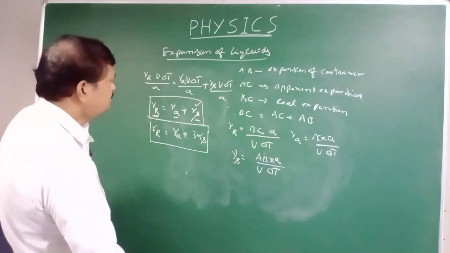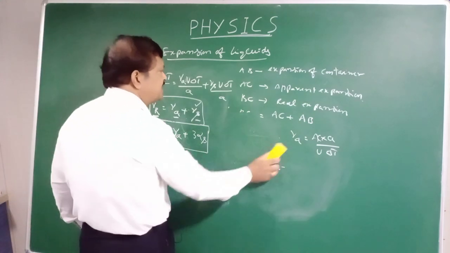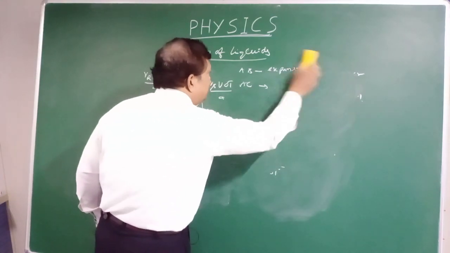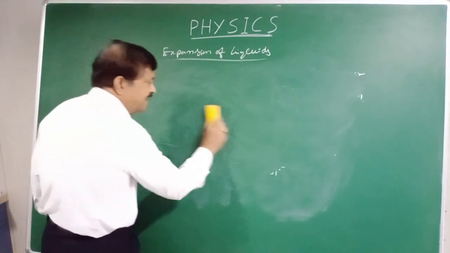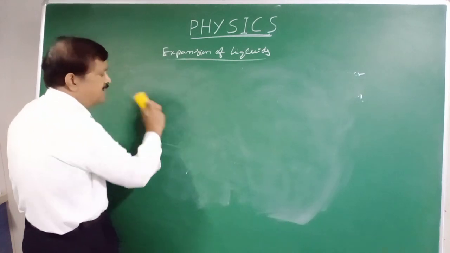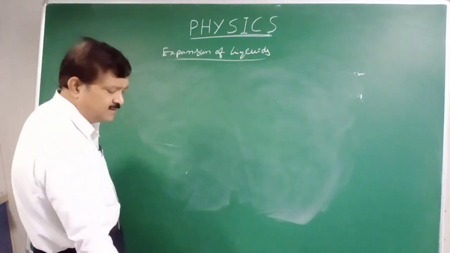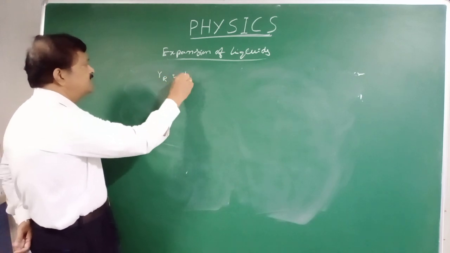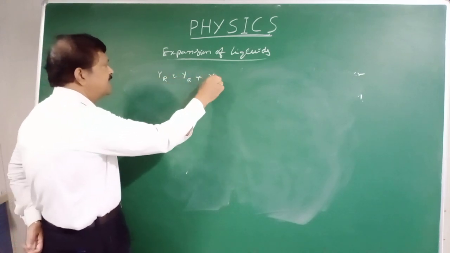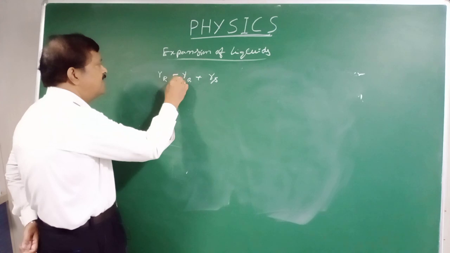Now let us discuss the consequences of the real and apparent expansions of a container depending on the values of gamma A and gamma R. Gamma R is, as we said, gamma A plus gamma of the solid or gamma of the container.